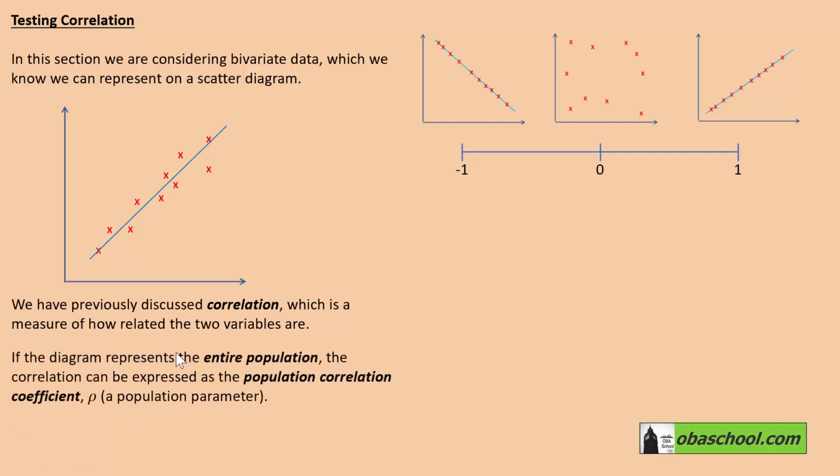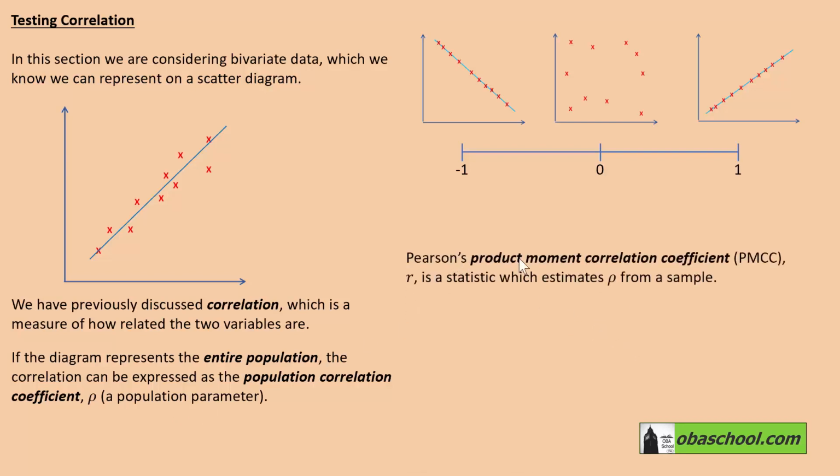If the diagram represents the entire population, the correlation can be expressed as the population correlation coefficient, rho, which is a population parameter. Pearson's product moment correlation coefficient, PMCC, given the letter R usually, is a statistic which estimates rho from a sample.